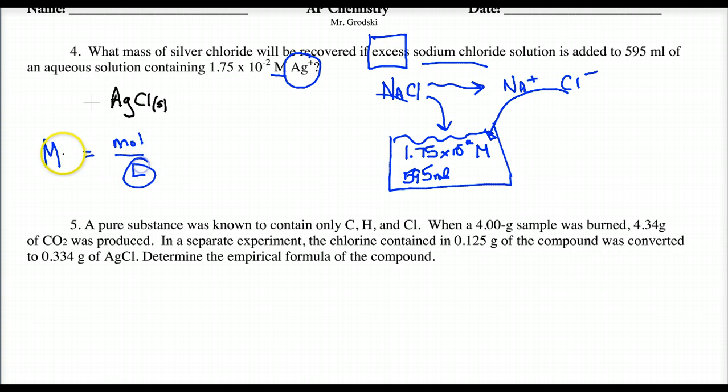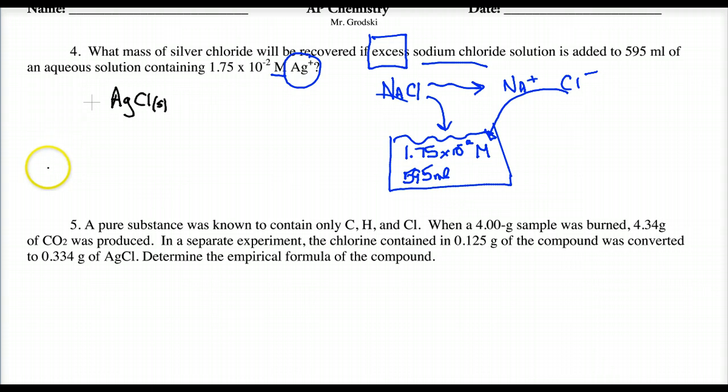We have these two things, we solve for moles, and we know that for every 1 mole of silver ions, we have 1 mole of chloride ions, because silver chloride is Ag plus Cl. So with that being said, you can do the problem, not in this fashion, and I would like you to try to think along these terms. It's dimensional analysis, okay? At some point, I just want you to get the question right, so at some point you decide what's easiest for you.